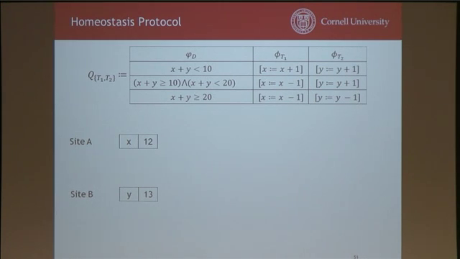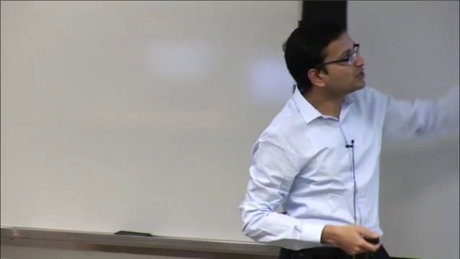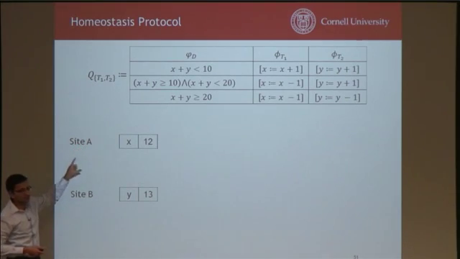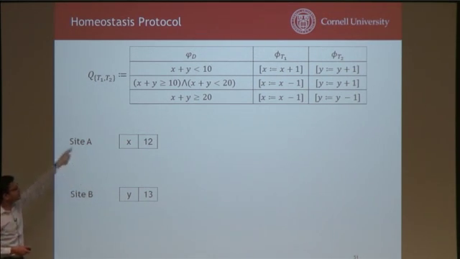What the homeostasis protocol does is check to which equivalence class my current state of the database belongs. In this case, the values of x and y being 12 and 13 indicate that it belongs to the third equivalence class, and it is going to use that as a global treaty.